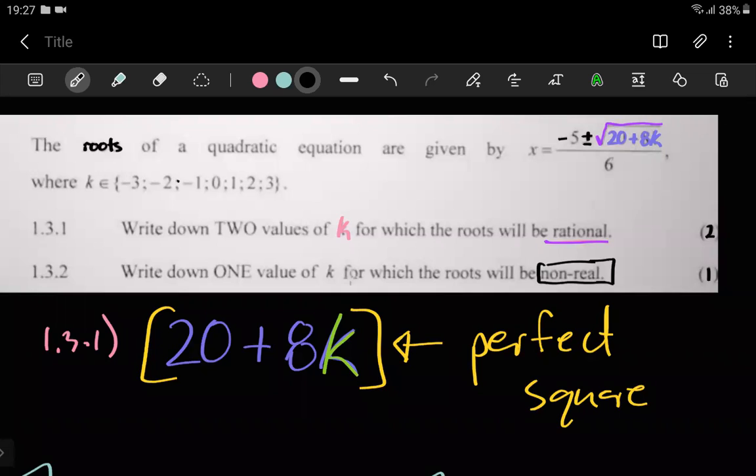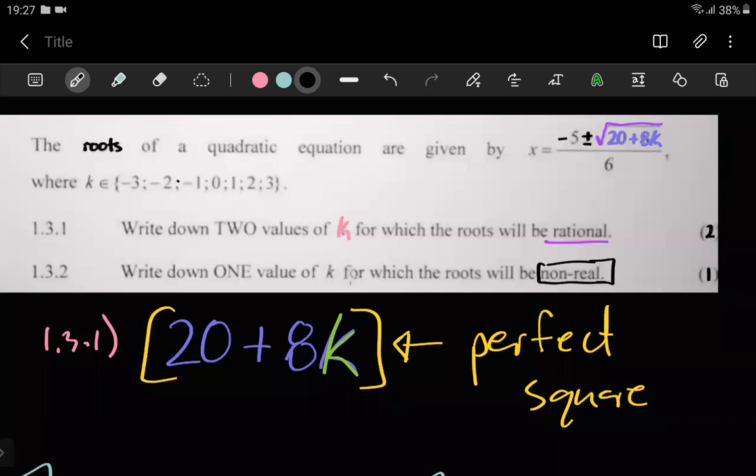So for us to have a negative under the square root here, we can see that our value of k, if we choose, let's say something like -2, it's not going to work, because -2 times 8 gives -16, and then 20 minus 16 is +4. So that's not going to result in a non-real root.